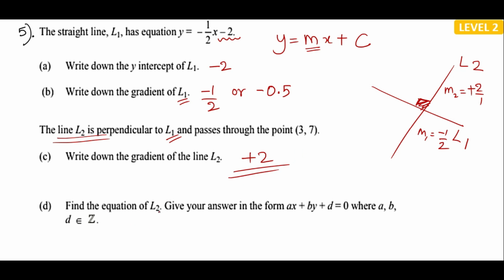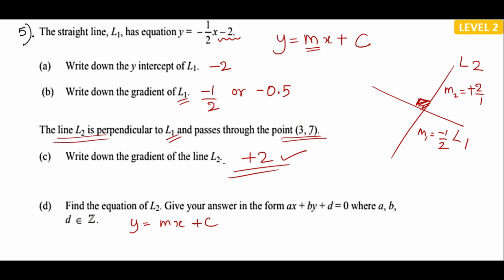Find the equation of L2, give your answer in the form ax plus by plus d equals 0. Now to find the equation of L2, you have the gradient. The gradient is found. And now what you have to find is the y-intercept. Following the previous steps, y equals mx plus c. The line L2 is perpendicular to L1 and it passes through a point.